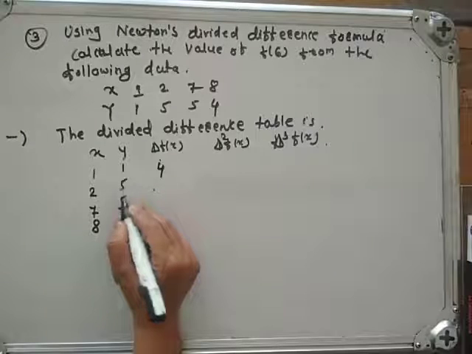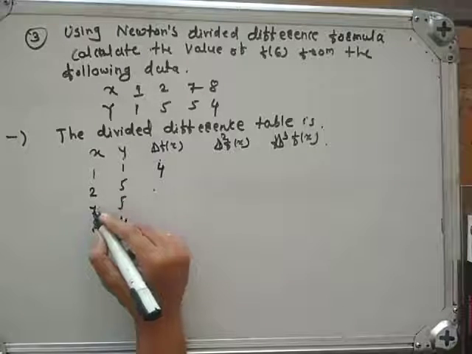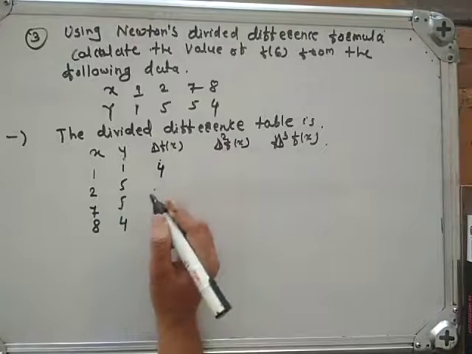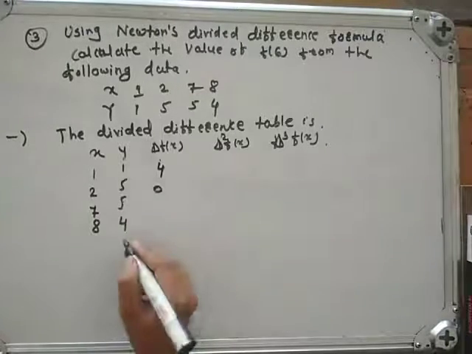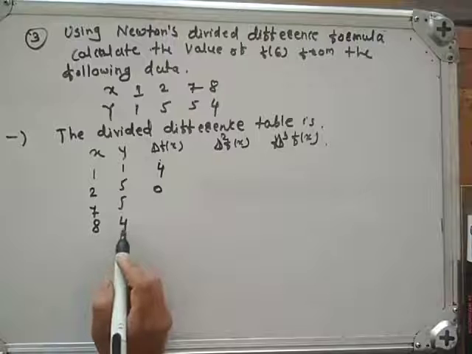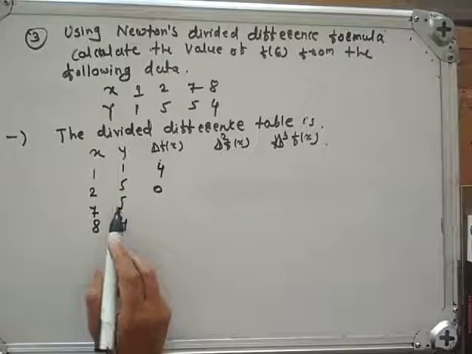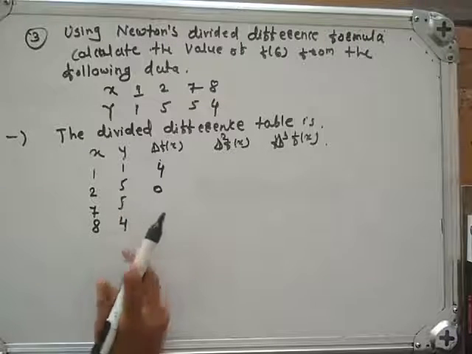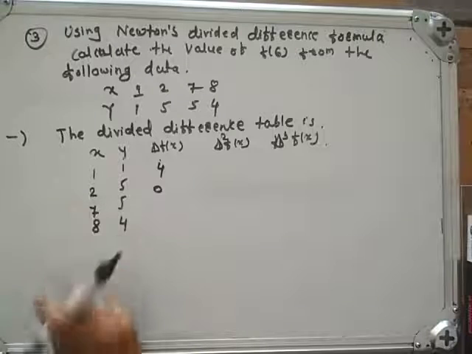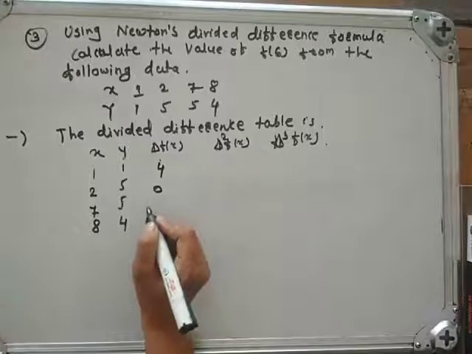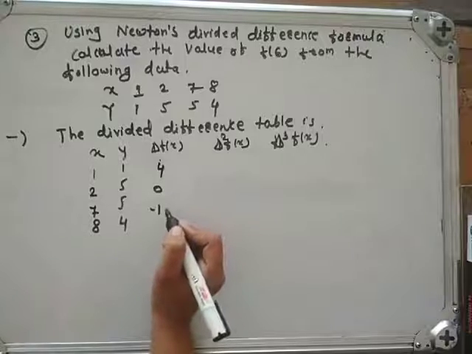Next is 5 minus 5 is 0, 0 upon 7 minus 2 is 5. So here you will get 0. Next one is 4 minus 5 is minus 1, 8 minus 7 is 1. So minus 1 upon 1 is minus 1.